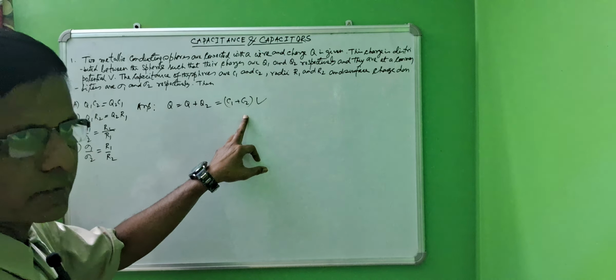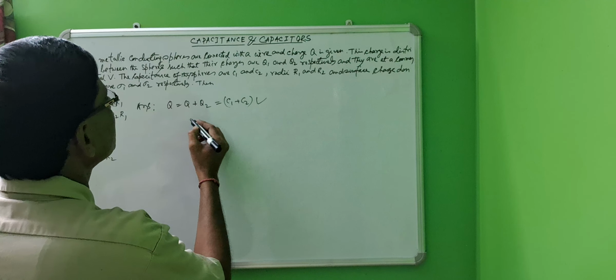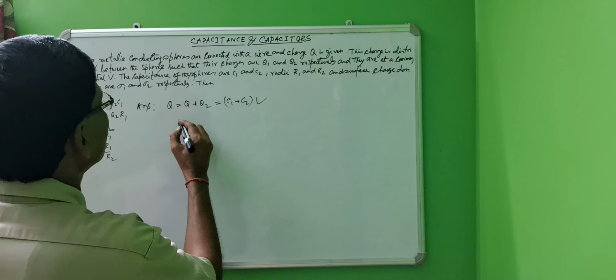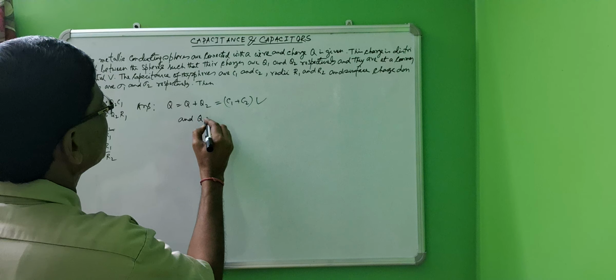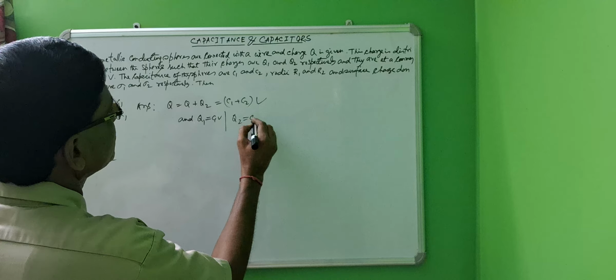So we can write this common potential V, and Q1 equals C1V and Q2 equals C2V.